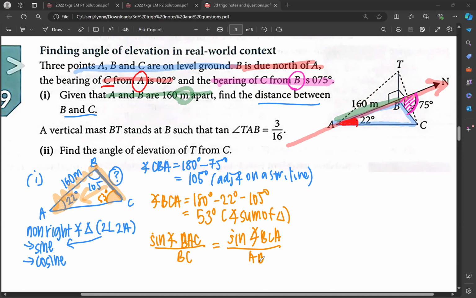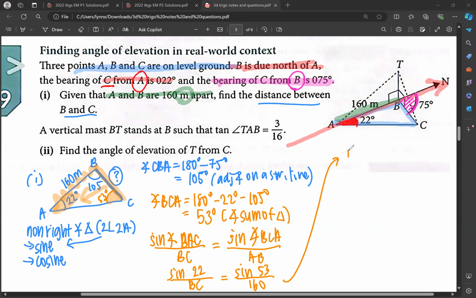Now I can fill in the numbers. Sine 22 over BC is equal to sine 53 over 160. Then from there you can solve.